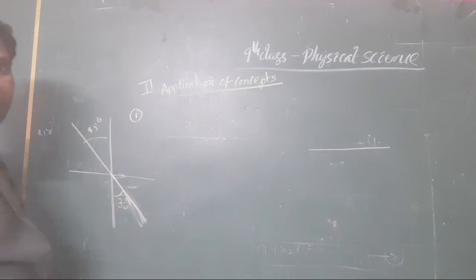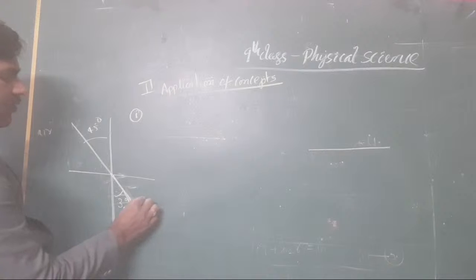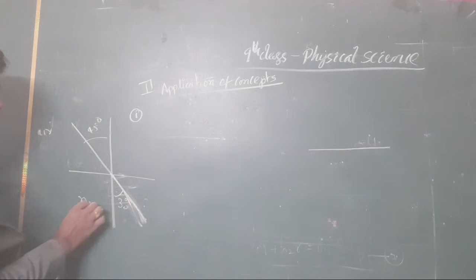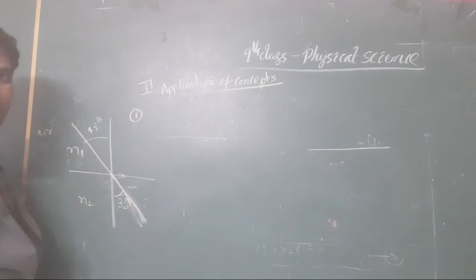Clear or not? Now we have to find out the refractive index of this medium. Take the refractive index of the first medium as N1 and of the second medium as N2.